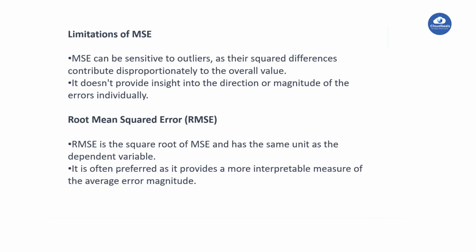It is often preferred as it provides a more interpretable measure of the average error magnitude. So this root mean squared error gives exactly what we are expecting, in the way we want to measure error. In that way, it provides a more interpretable measurement of the average magnitude.